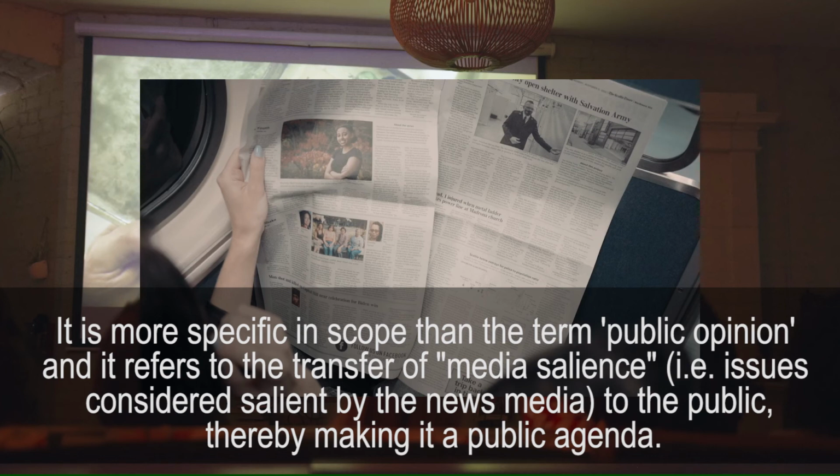Therefore, what they do is they take out certain issues that are important, they focus on them through the news channel, and they make them public, which makes it a public agenda.